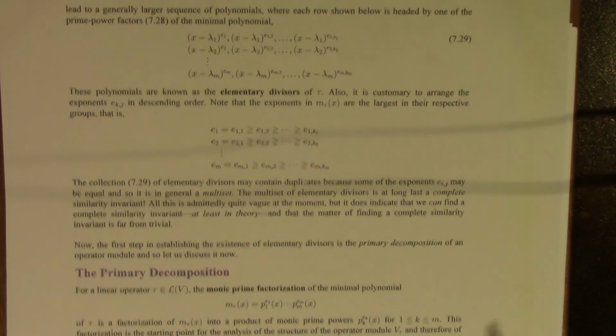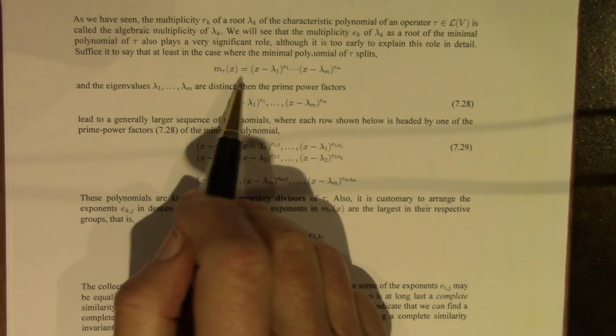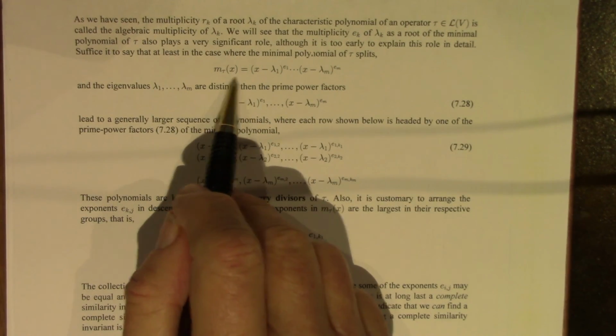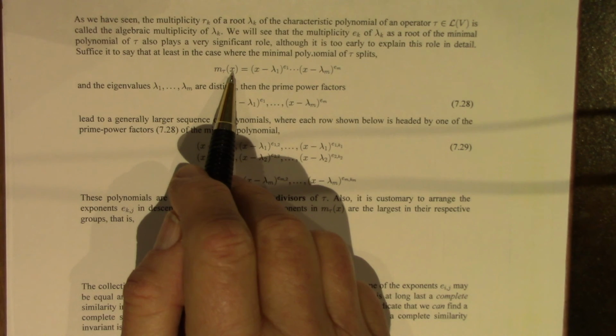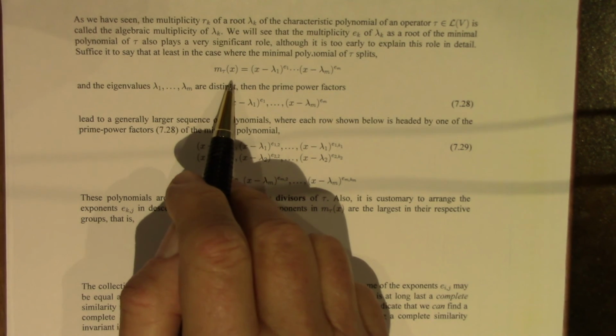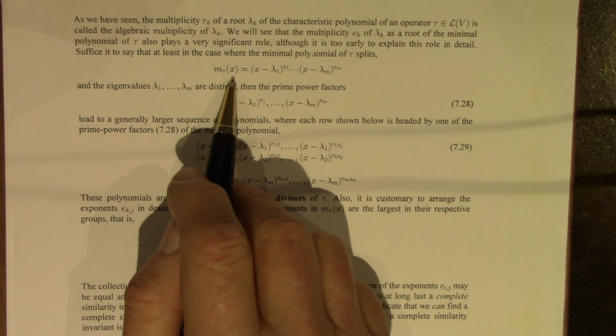So this indicates that we can get one, at least in theory, and it is definitely in theory, because this requires the factorization of the minimal polynomial. And if that's more than a cubic, we're in some trouble, and if it's more than a quintic, we're in big trouble.